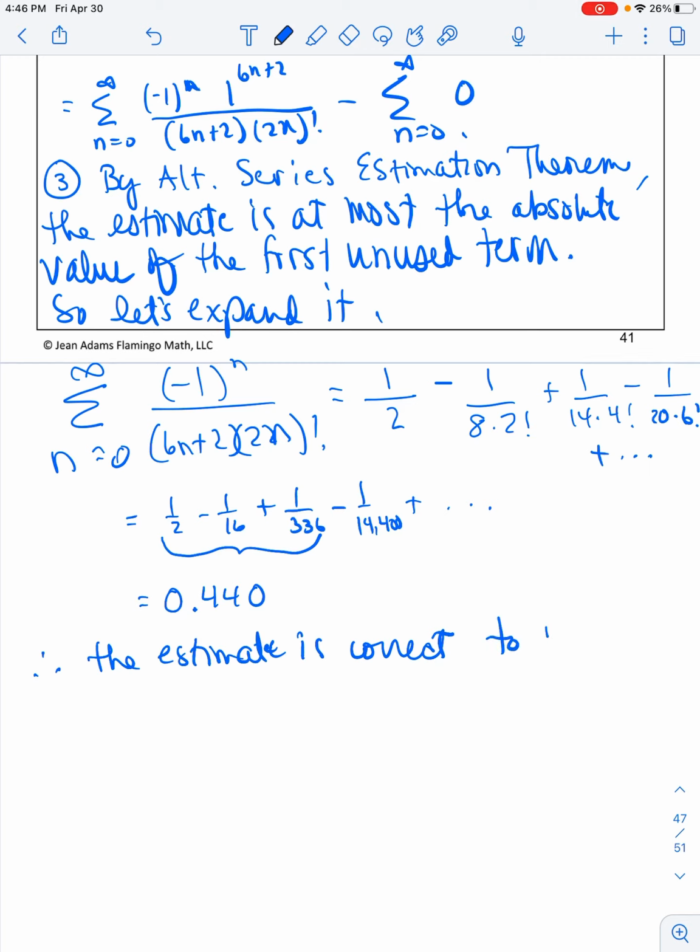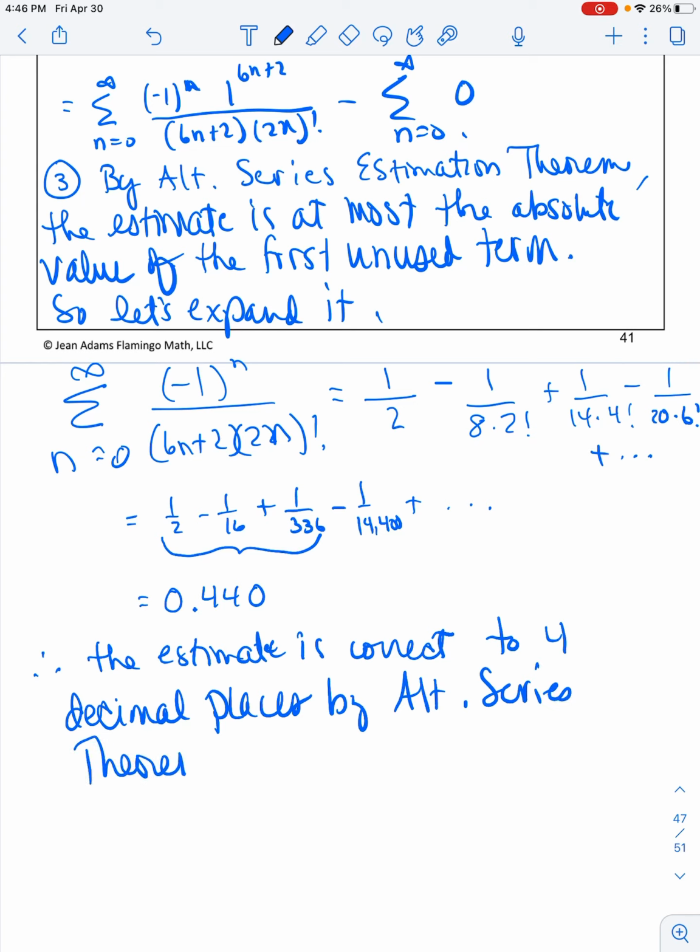Therefore, the estimate is correct to 4 decimal places by the alternating series theorem.